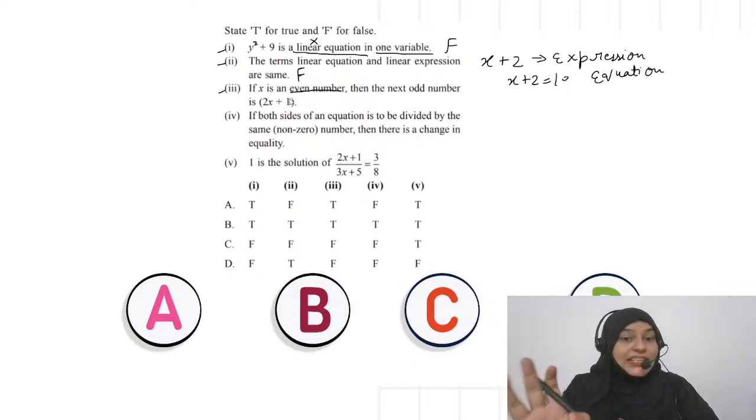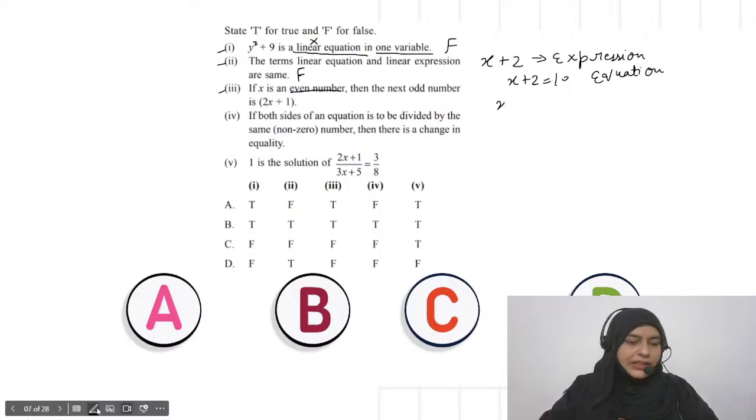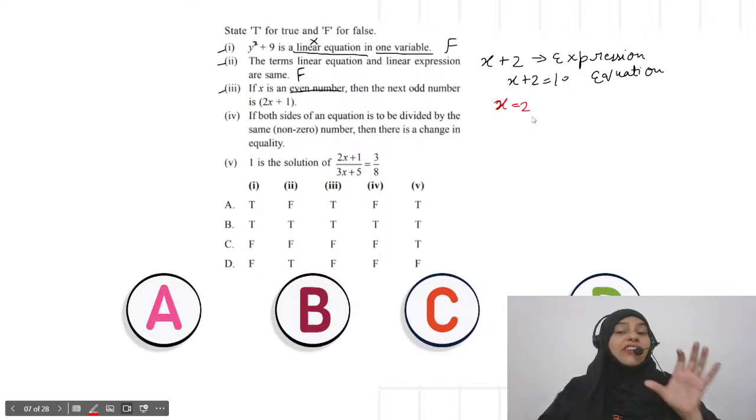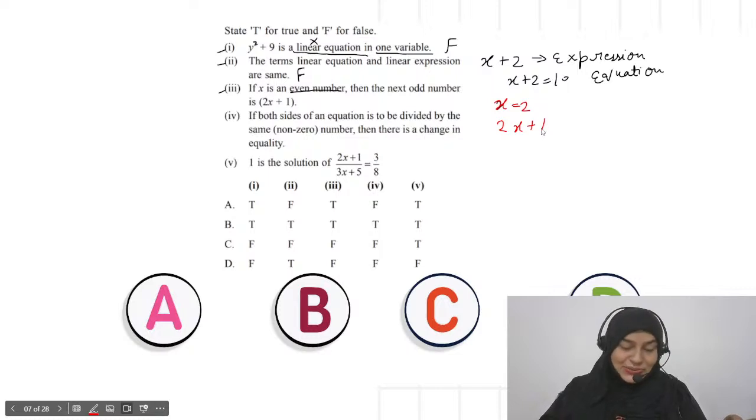So suppose we are taking x is equal to 2. 2 is our even number. So let's find 2x plus 1 by taking x is equal to 2. So 2 times 2 plus 1, 4 plus 1, that will be equal to 5.